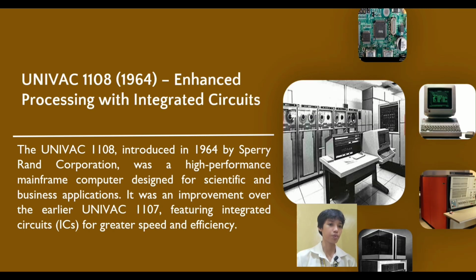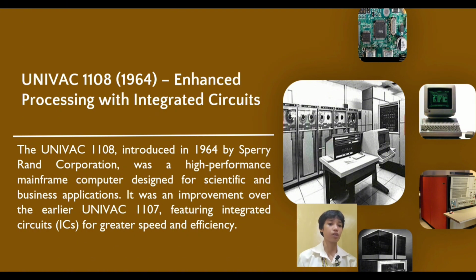And we have here as well the UNIVAC 1108, invented in 1964. So it enhanced processing with integrated circuits. It was introduced by Sperry Rand Corporation in 1964. So it is already a high-performance mainframe computer designed for scientific and business application.